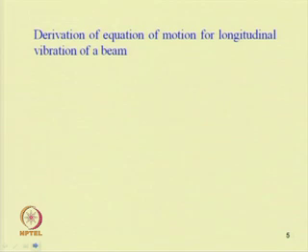In the case of the longitudinal vibration of a beam, let us take a beam, for example a cantilever beam, and find its equation of motion. The difference between a continuous system and a discrete system is that the continuous system is a distributed mass system, and it has an infinite number of degrees of freedom.